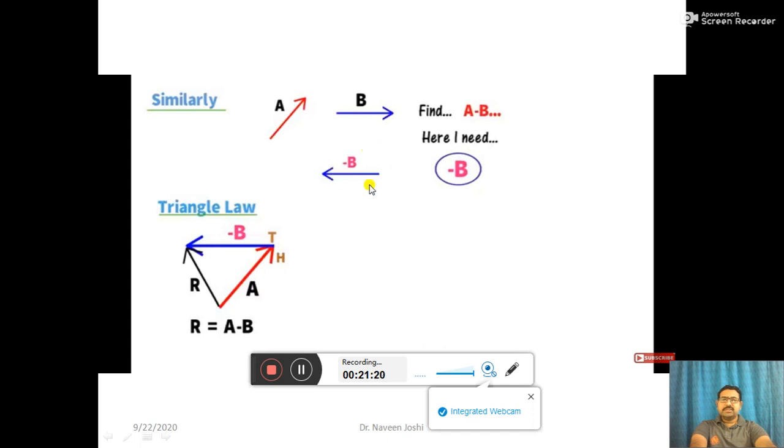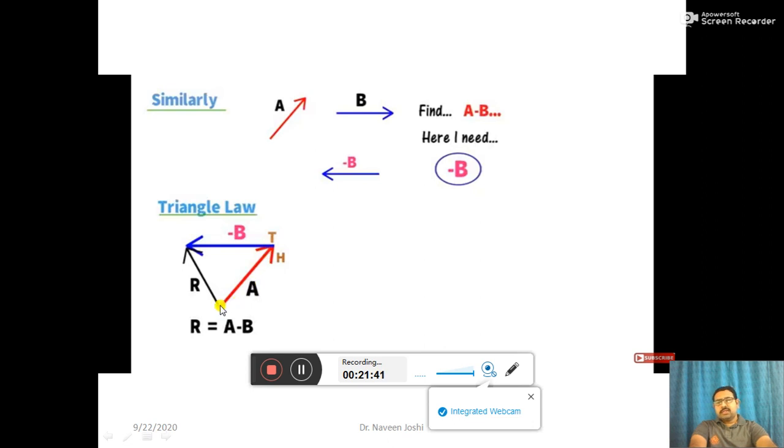You can see here minus B is the vector. Then you can subtract here. First you take vector A, then you attach the head of vector A with the tail of vector minus B.